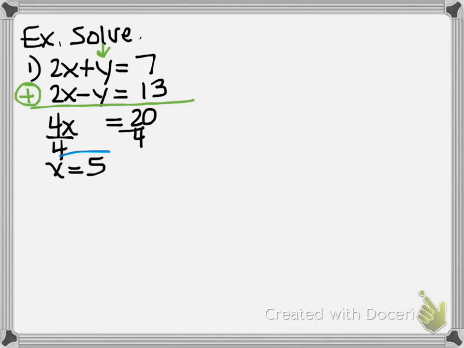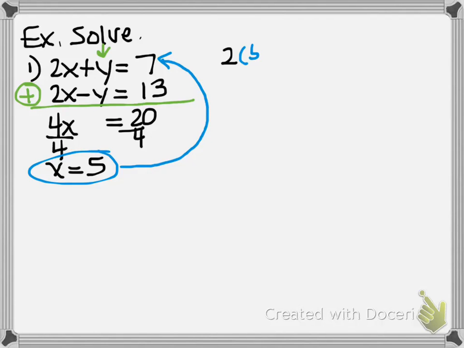Now what we're going to do is take that solution and plug it back into either original equation. Now I like to choose the variable I'm solving for. If he's positive, that's the one I tend to choose. So this one, we're going to take the 5 and replace it when we see x.